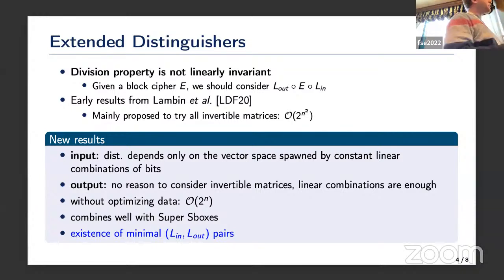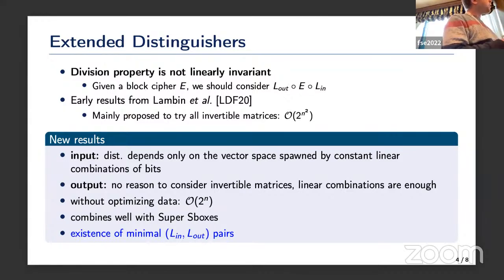Basically, we know that division property is not linearly invariant. And so if you want to study a given cipher, you need to study it with all possible linear mappings at the end or the front of the cipher. We started this work with Baptiste Lambert, and at this time we proposed to try all invertible matrices.